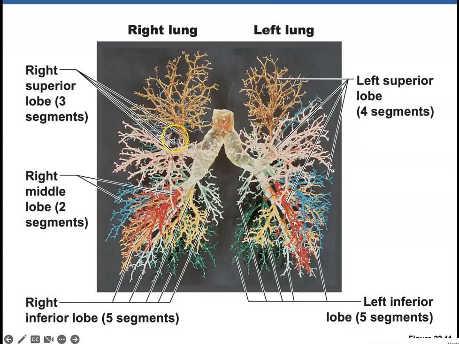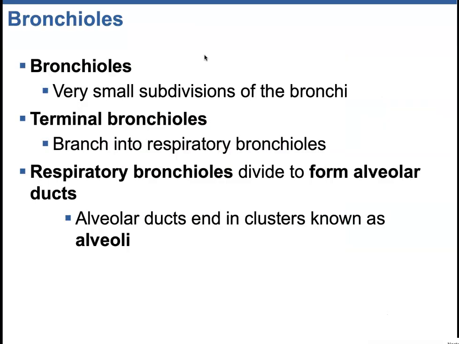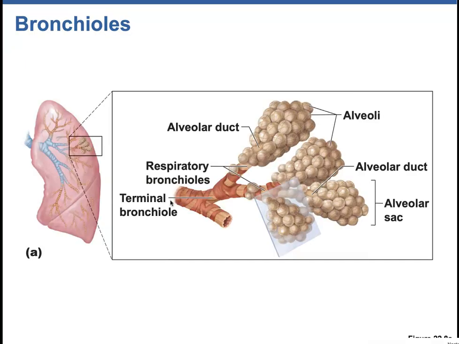And then these are the segments in terms of how they divide from that tertiary bronchi, and then these little guys will get smaller and smaller and then go into the bronchioles. The bronchioles break up into what are called terminal and respiratory bronchioles, and then they form into a little duct that then leads into the alveoli. And so as we get into the microscopic anatomy, back here we still had little tiny bronchi with cartilage. Now we're getting into this microscopic anatomy.